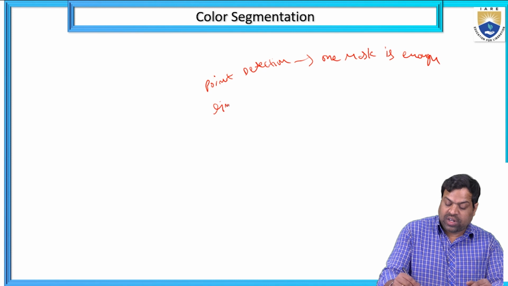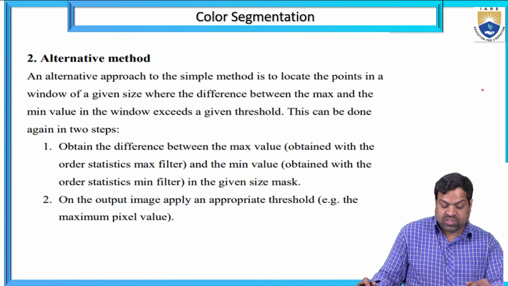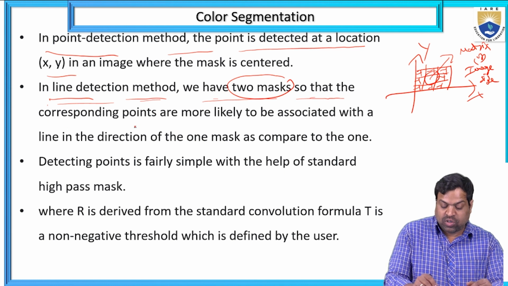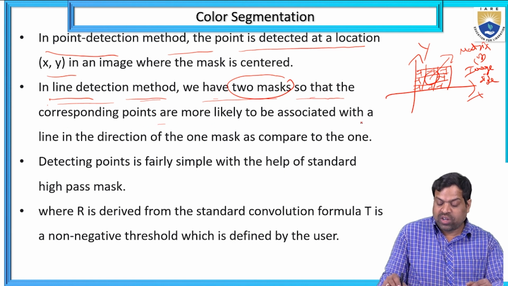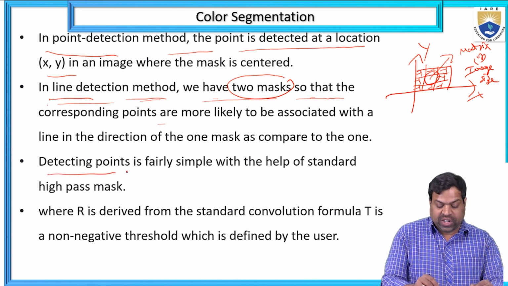When I am going to line detection, two masks are required. In the line method, two masks are required so that the corresponding points are more likely to be associated with the line in the direction of one mask as compared to the other one.